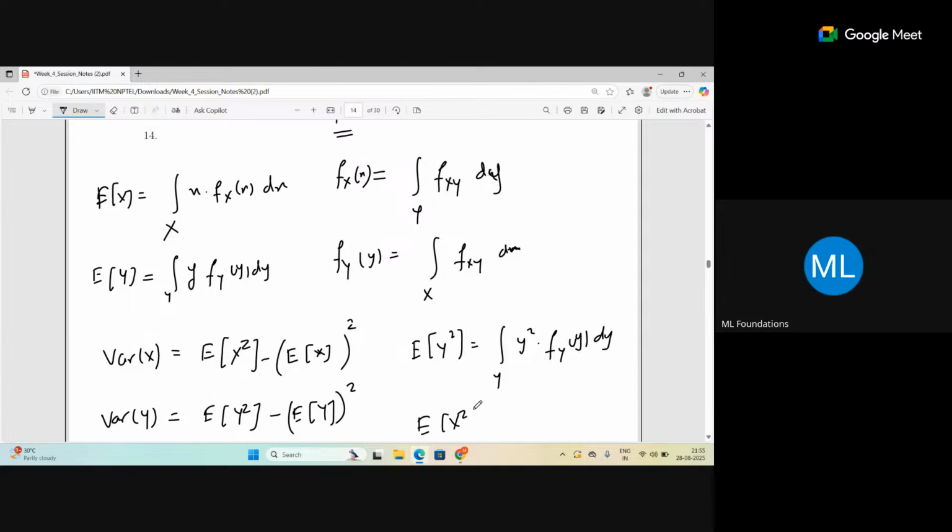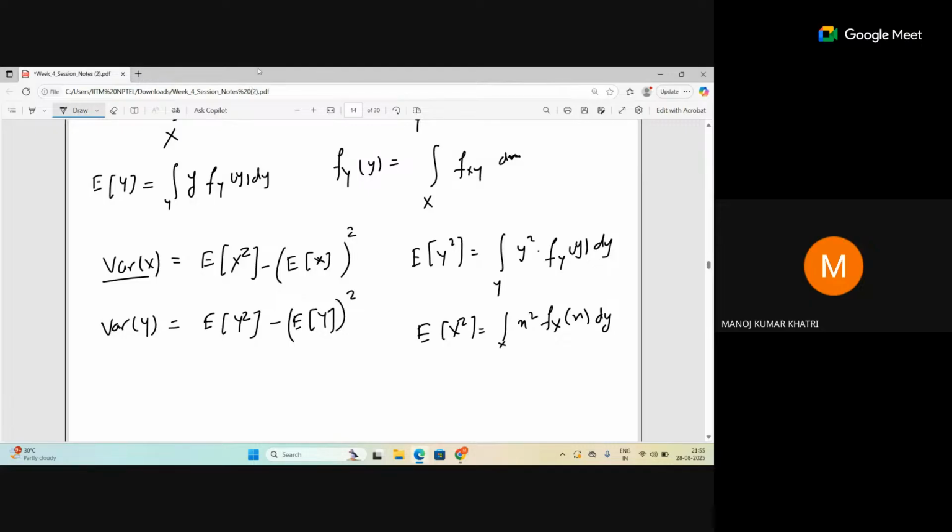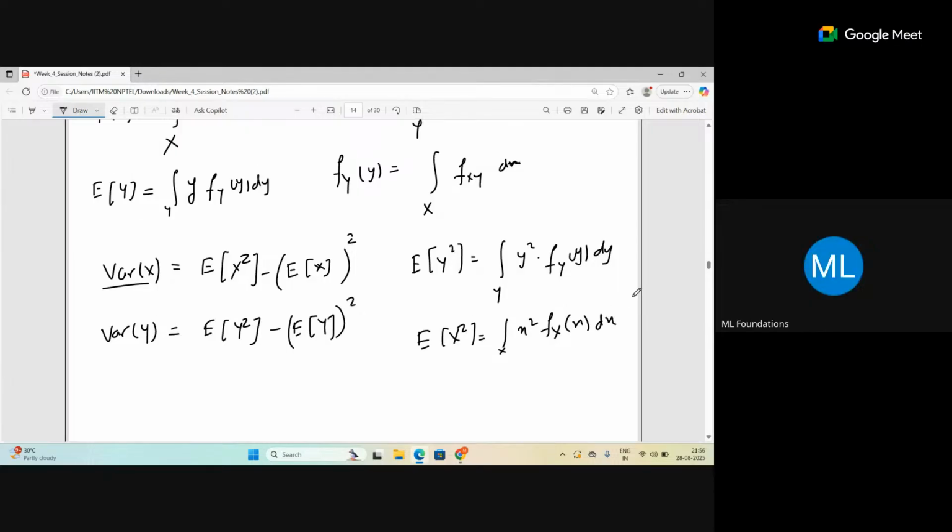Expectation of x square is integrating over the range of x, x square into f of x of x, dx. If I plug in all these values, I'll be able to find its variance. These all things you should know how to find out.